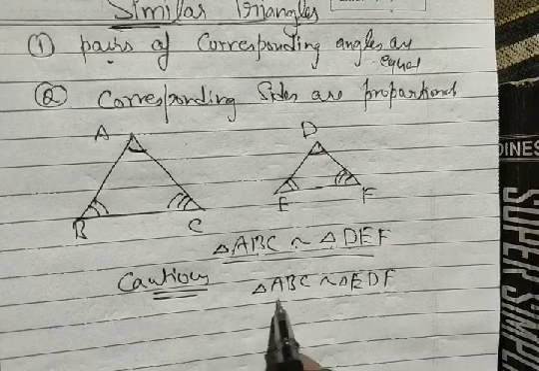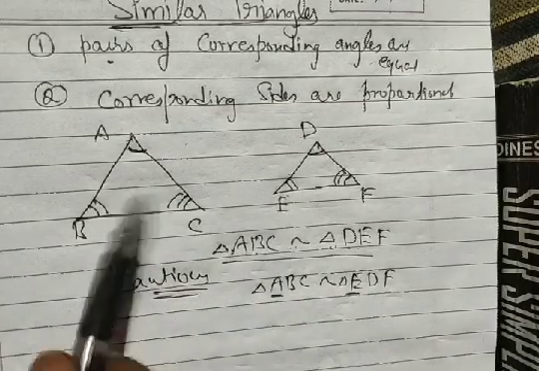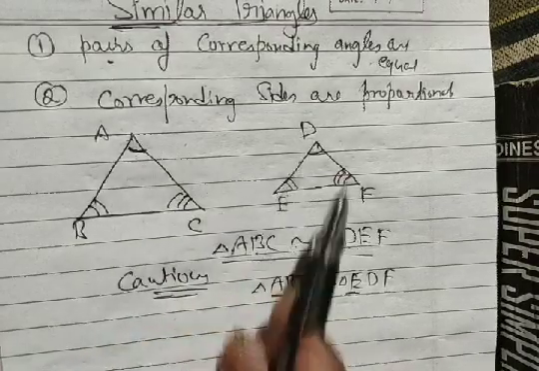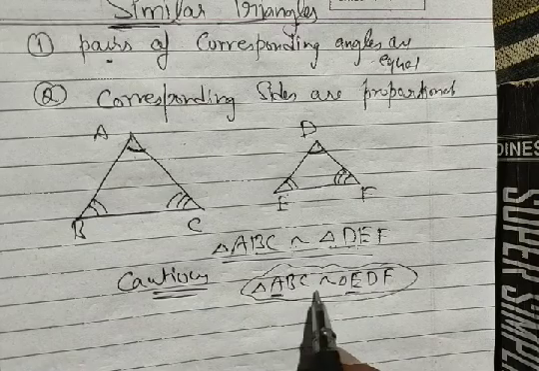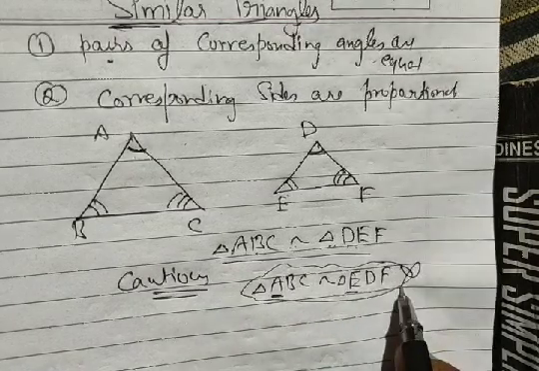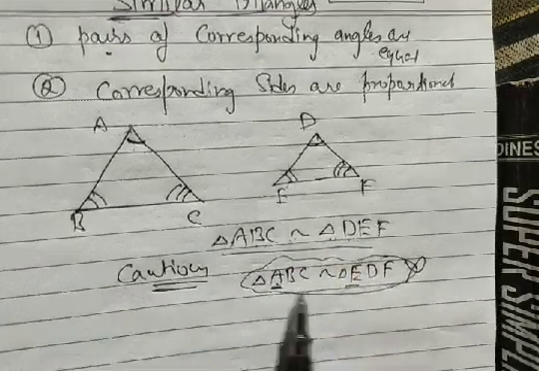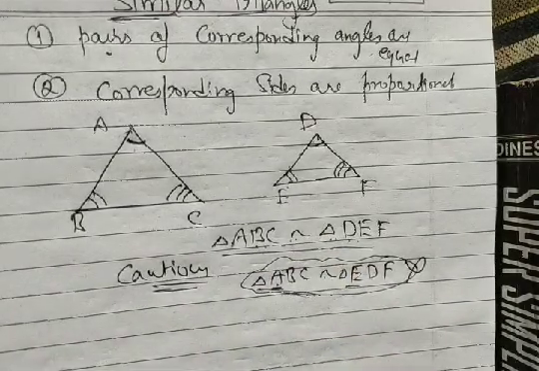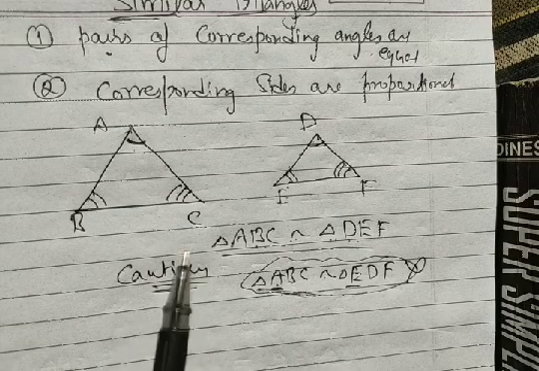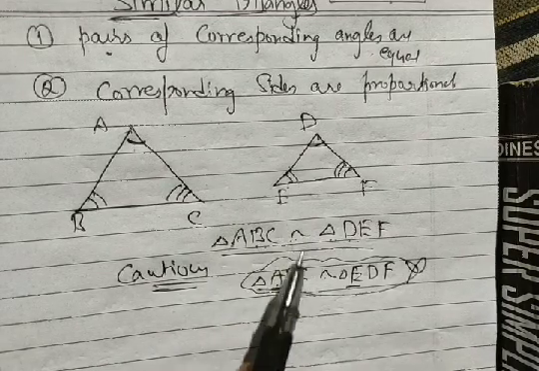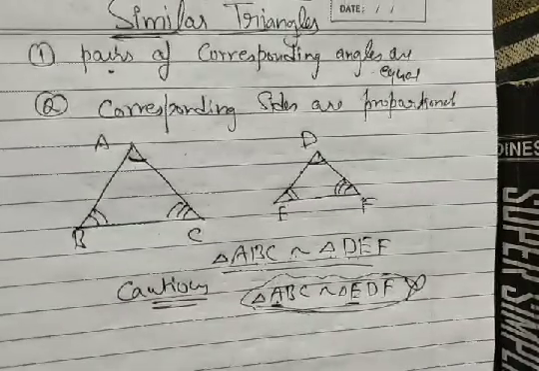If we write that, it means angle A is equal to angle E, but we have angle A equal to angle D. So we cannot write triangle ABC is similar to triangle EDF. To write that, angle A must be equal to angle E. You have to be very cautious about these things and very sure about what the corresponding angles are in the triangles.